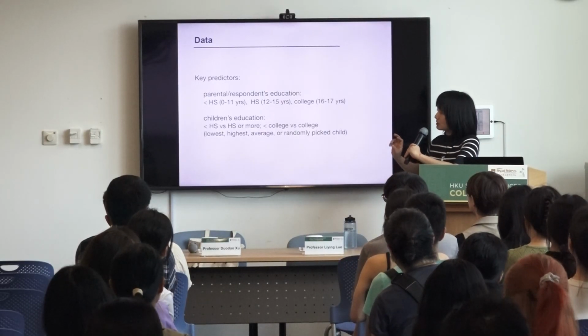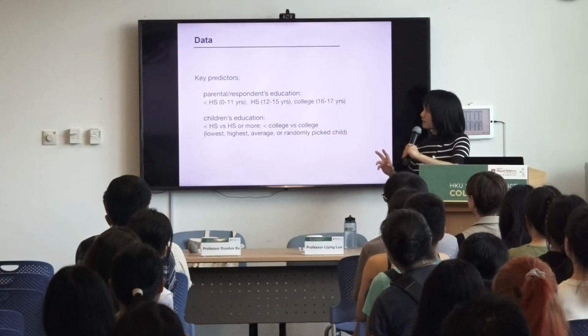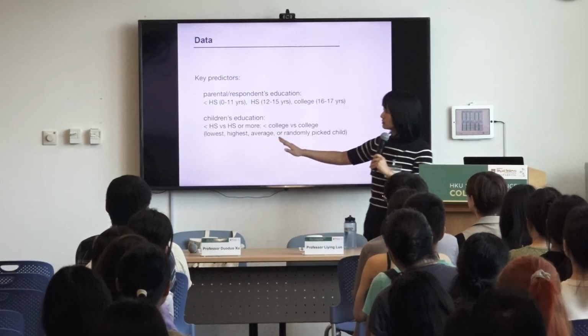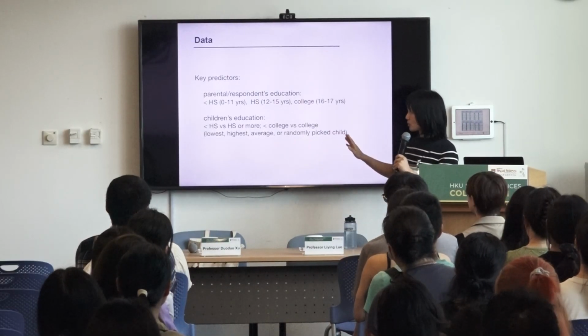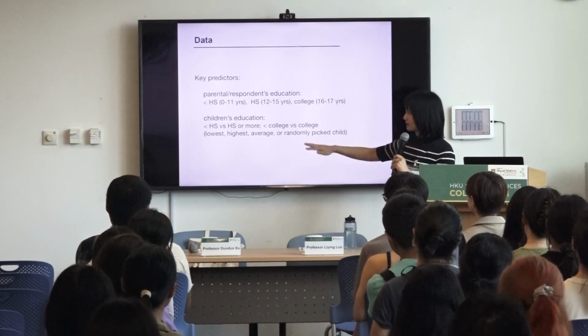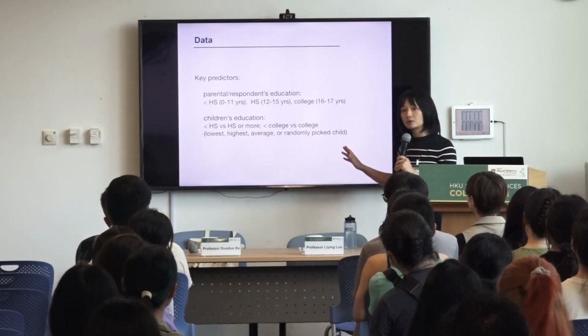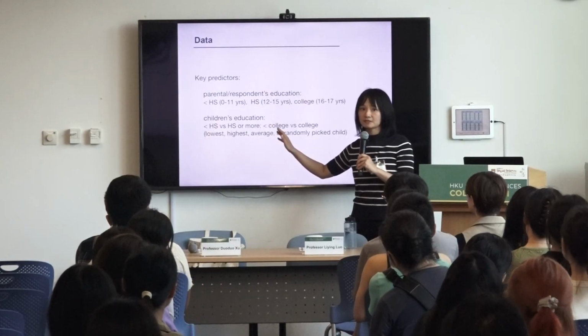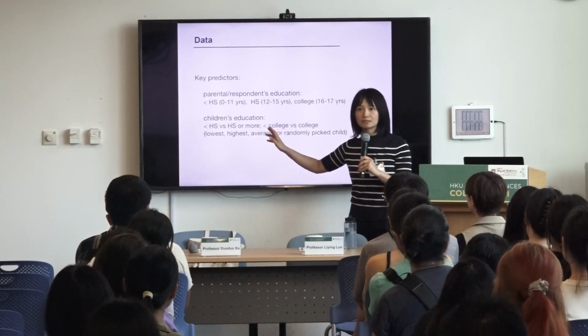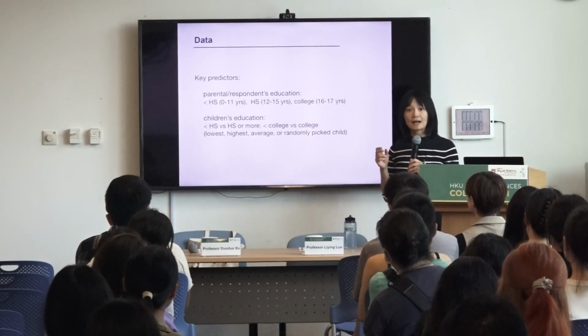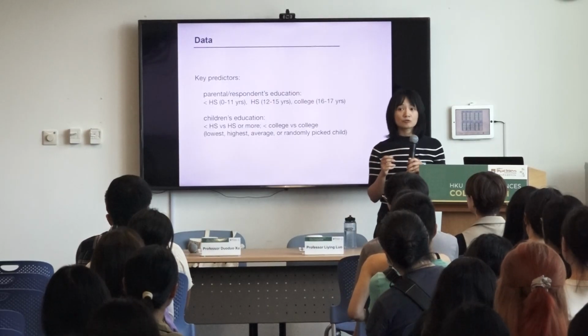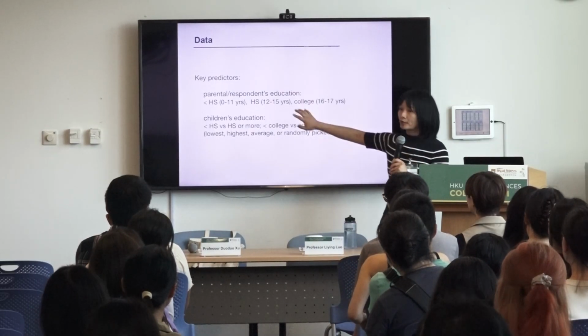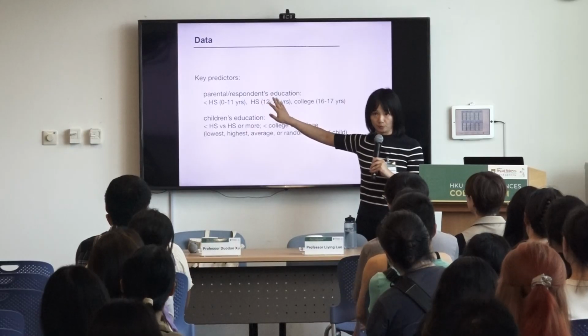For children's education, we have 2 sets of measures. The first one is less than high school compared to high school or more. The second set of measures is less than college compared to college. The reason we have a somewhat different setup for children's measures is that our goal is to assess how increasing children's education may influence educational inequality in health for parents.